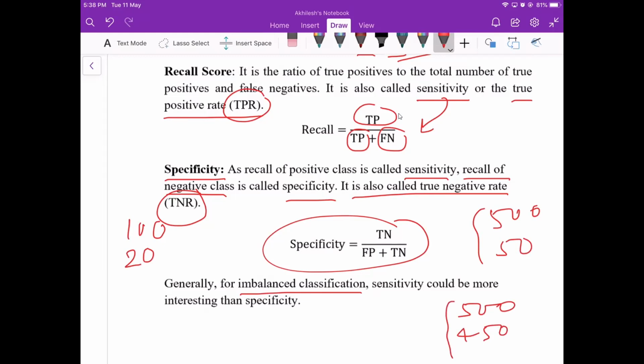This is somewhat balanced or somewhat imbalanced. So for imbalance classification, sensitivity could be more interesting than specificity. In that case, we need to focus more on the sensitivity, the true positive rate, than the true negative rate.